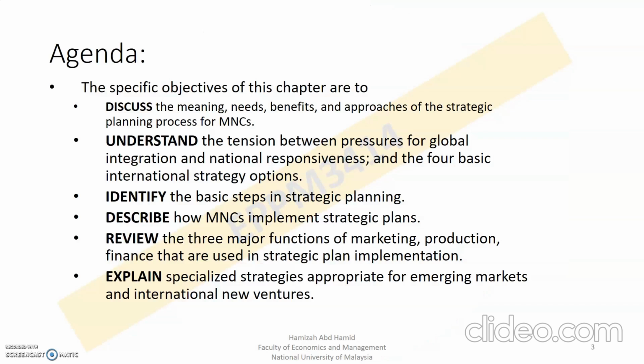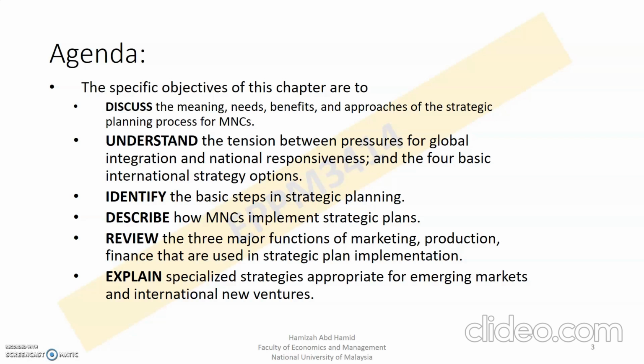For this topic, the specific objectives are, first, for you to be able to discuss the meaning, needs, benefits and approaches of the strategic planning process for multinational companies or MNCs.